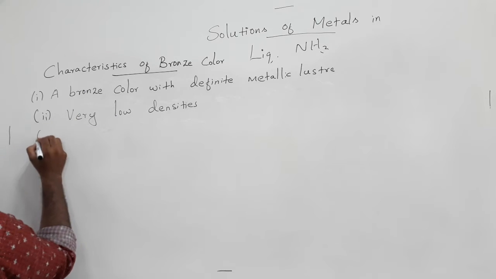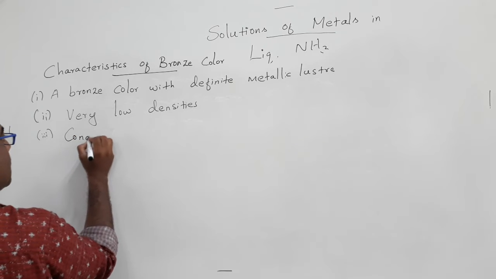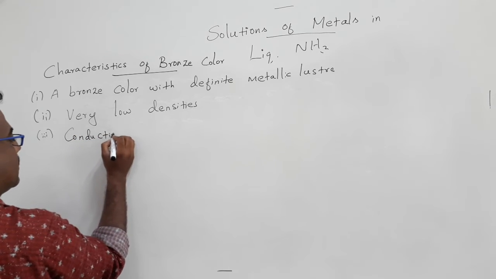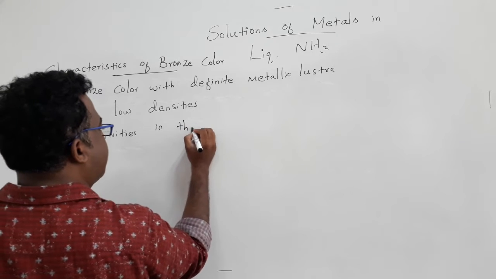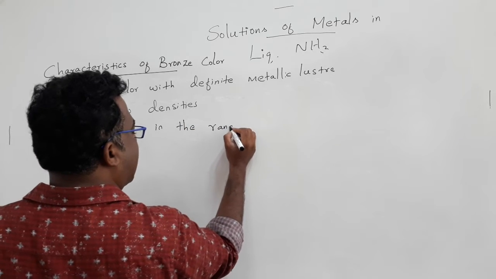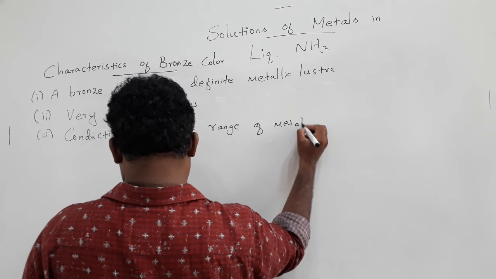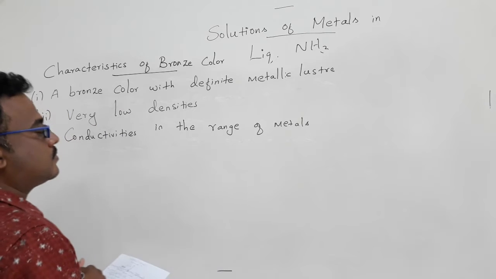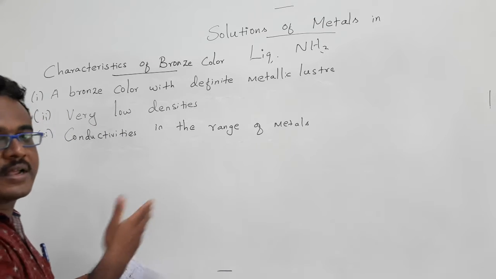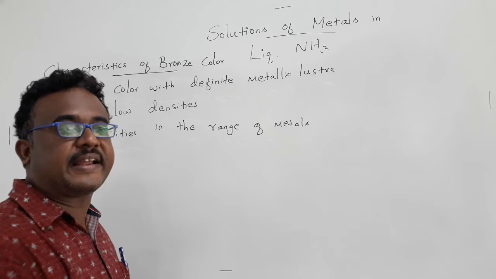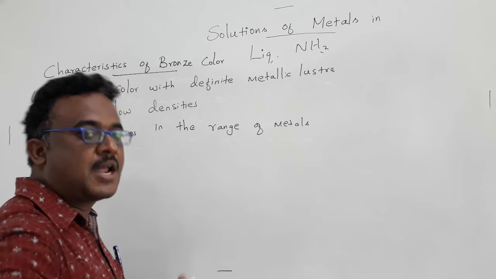Third one, conductivity is in the range of metals. That means, in case of the blue color solution there was high electrical conductivity, but now it is in the range of metals, meaning the conductivity is coming down.